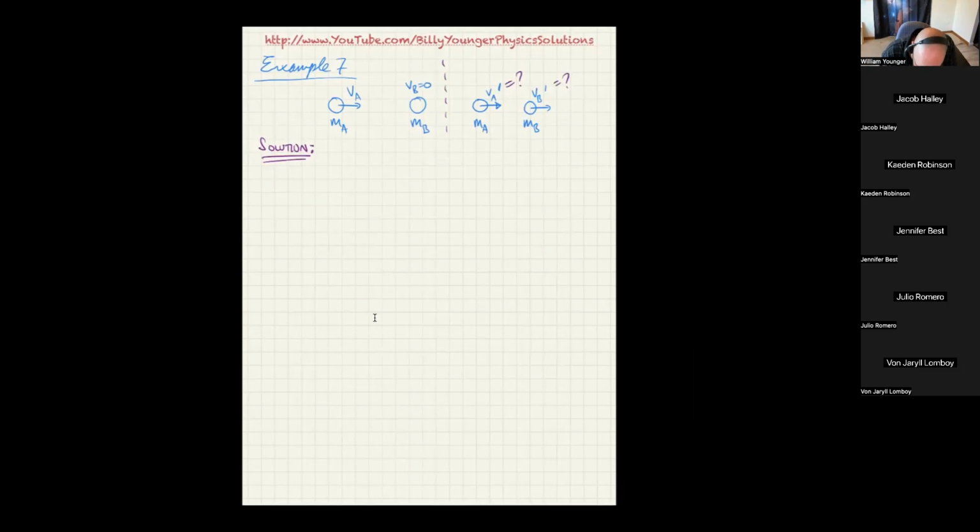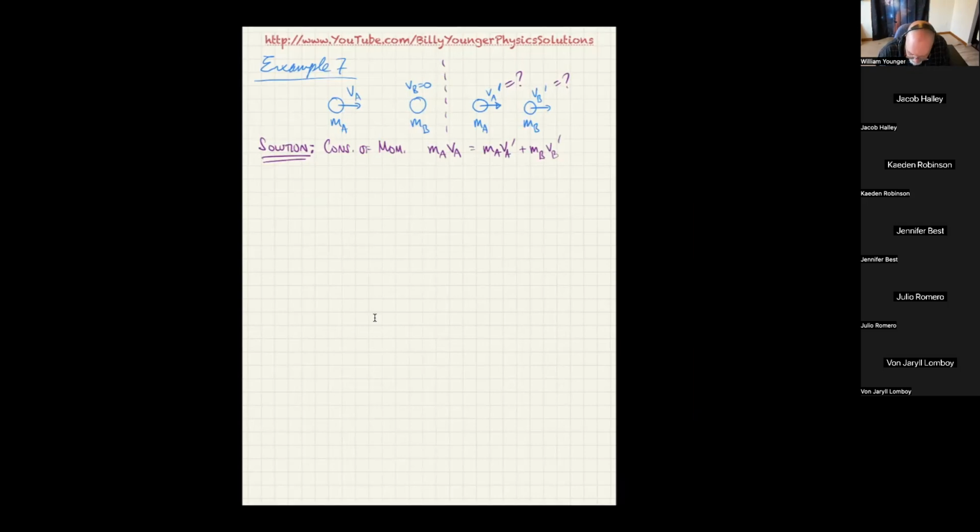So conservation of momentum. For this one, it's just going to be MA VA is equal to MA VA prime plus MB VB prime. Okay.